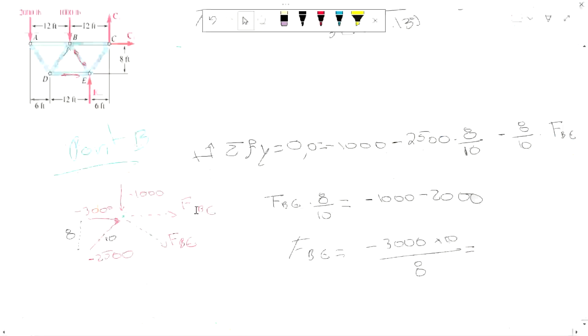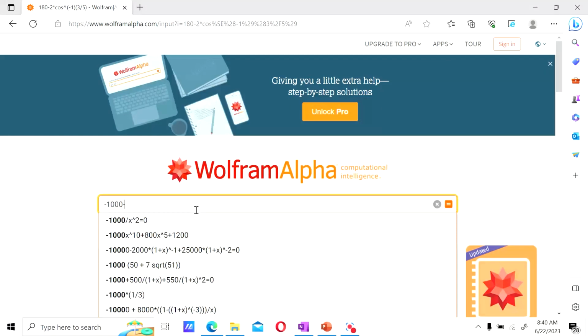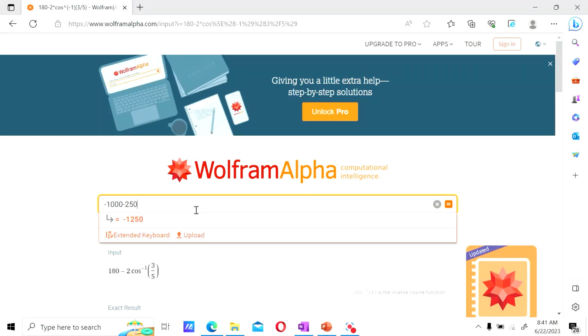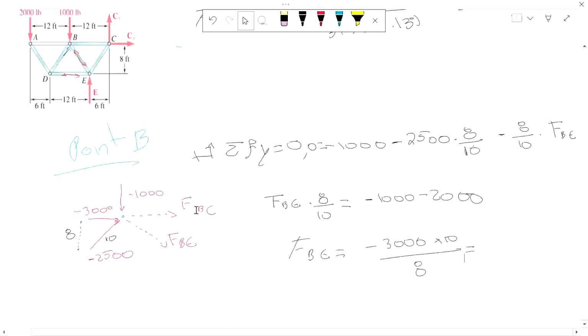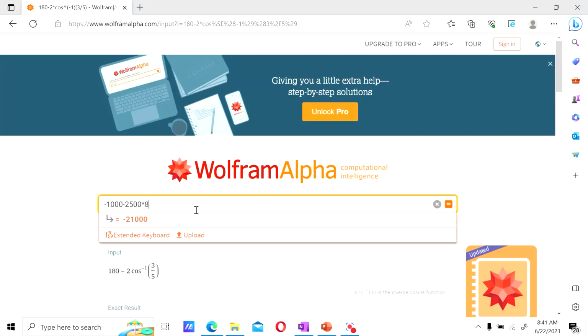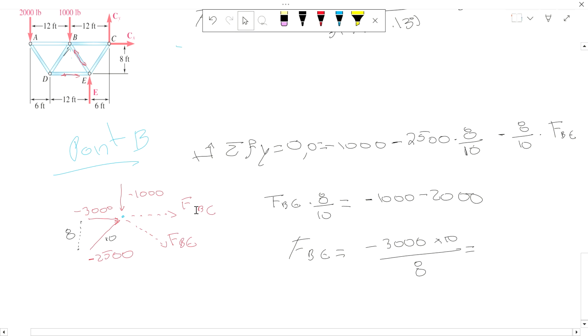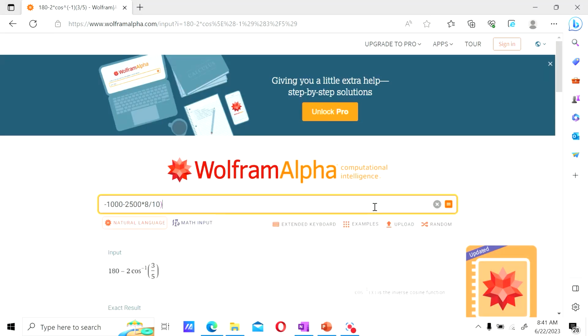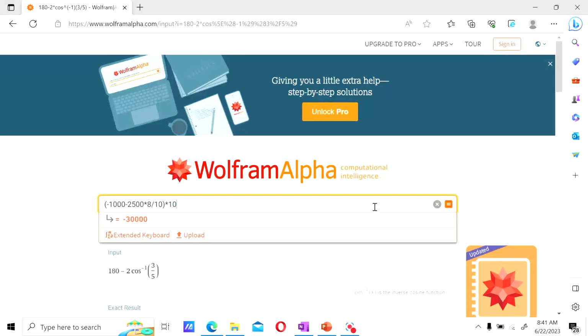Minus 1,000 minus 2,500 times 8 divided by 10. Okay, that is negative 3,000, and then times 10 divided by 8. 3750. Yeah, I had something wrong here.